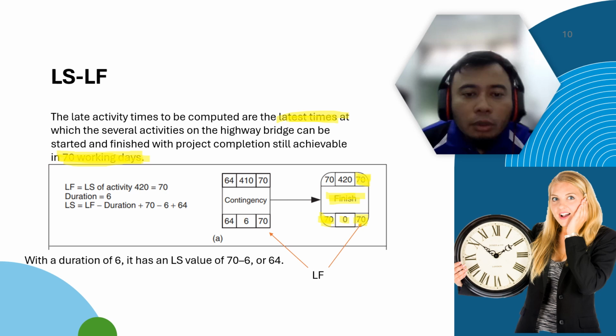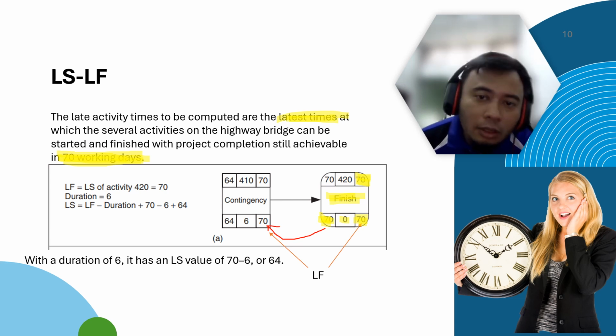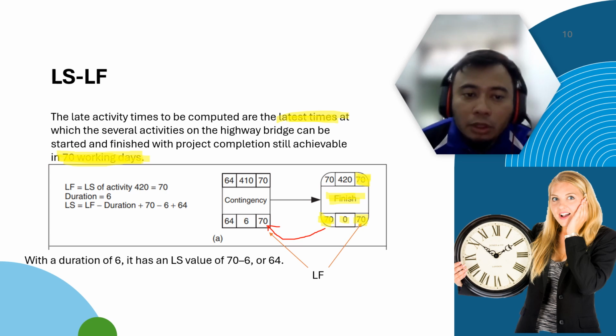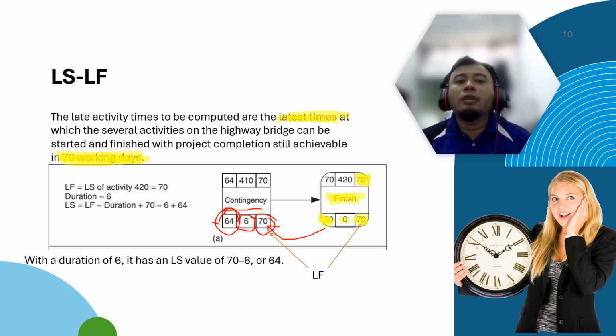So what you do, this 70 becomes the late finish for the precedence activity before, which is contingency. On this contingency, your 70 days late finish minus your duration of this activity, which is 6 days. So your late start is 64. 70 minus 6, 64.